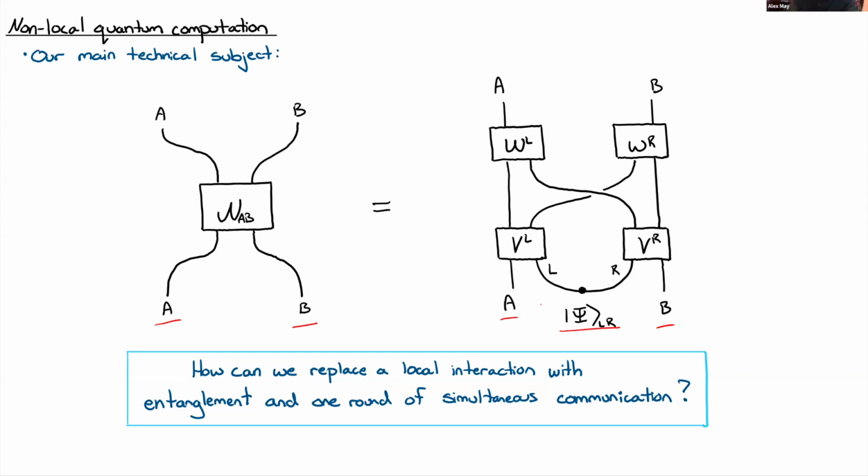Then there's going to be a round of communication. Some system can be sent from the left to the right, and then another one from the right to the left. Then another round of operations happens locally, the second round operations, WL and WR. And then at the end of the day, the overall transformation that this enacts should reproduce, at least approximately, the one on the left, the local interaction.